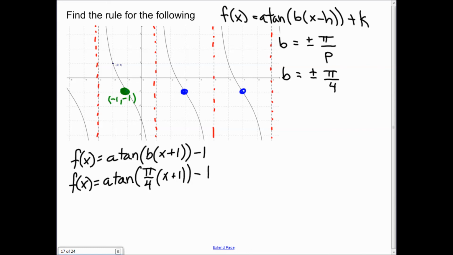Okay, now here's where the difference lies between the sinusoidal function and the tangential functions, is that we actually need to use a secondary point that is not one of those inflection points to plug in and actually solve for the value of a. So the one that we have here on the board, which I'll denote in red, so I'll highlight it for you right here, this is at (-2, 1).